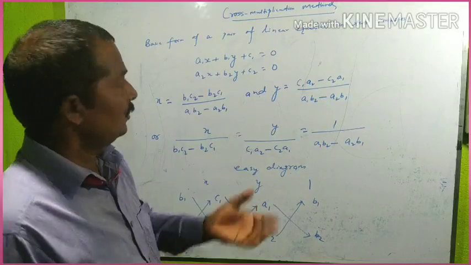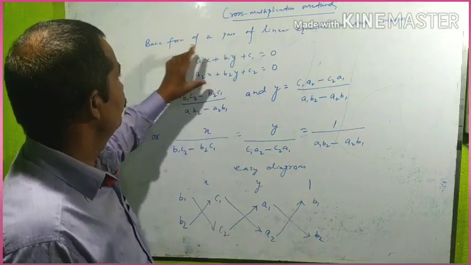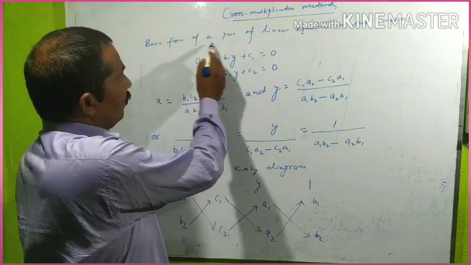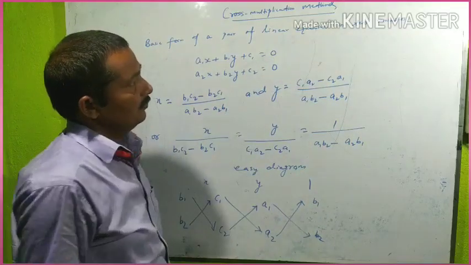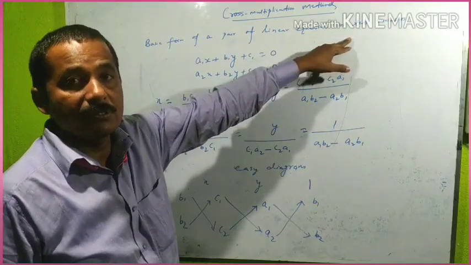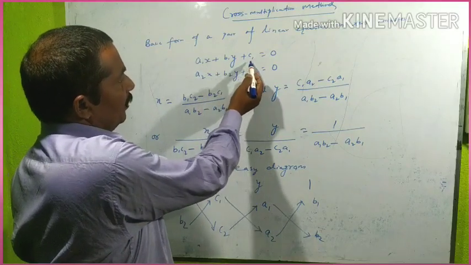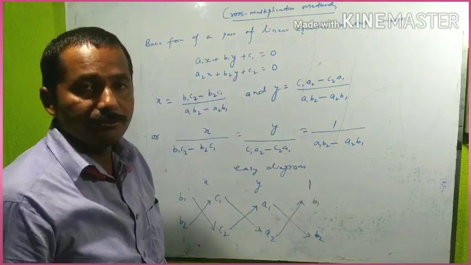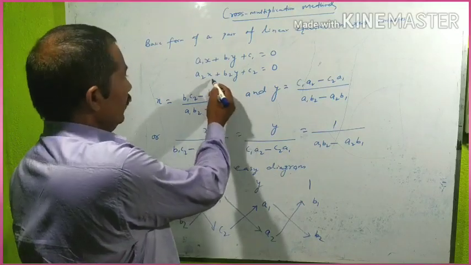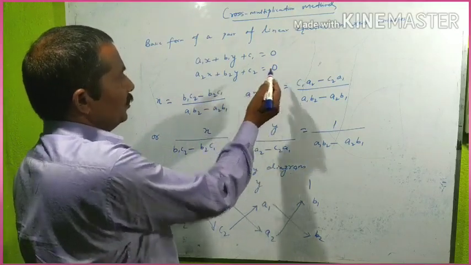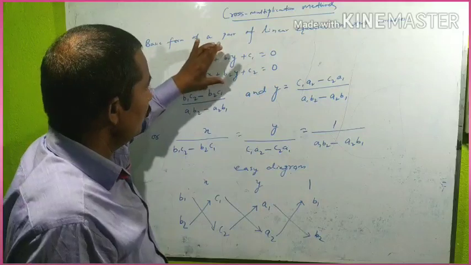Earlier also I have taught about this basic form. The basic form of a pair of linear equations in two variables is a1x plus b1y plus c1 is equal to 0, and a2x plus b2y plus c2 is equal to 0. So these two are the basic forms.